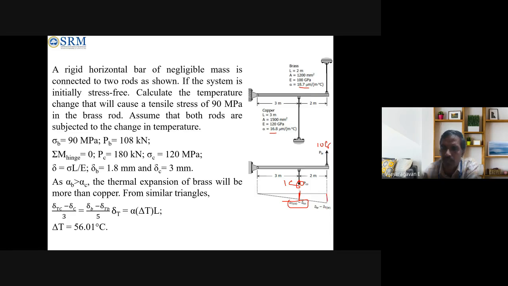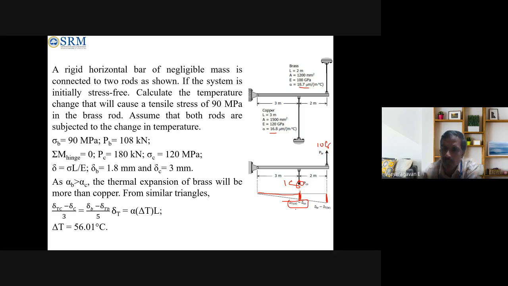So these two are similar triangles. For similar triangles, we can have the ratio between vertical height and horizontal distance. Here the vertical height is delta, that is thermal expansion minus mechanical expansion, and the horizontal distance for the first triangle is 3 meters.